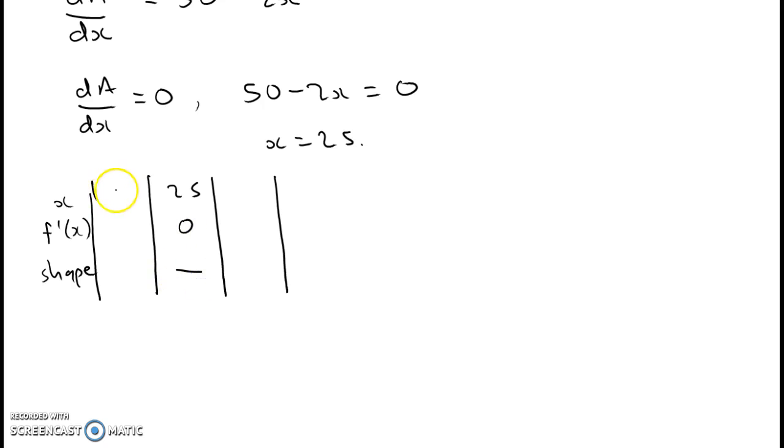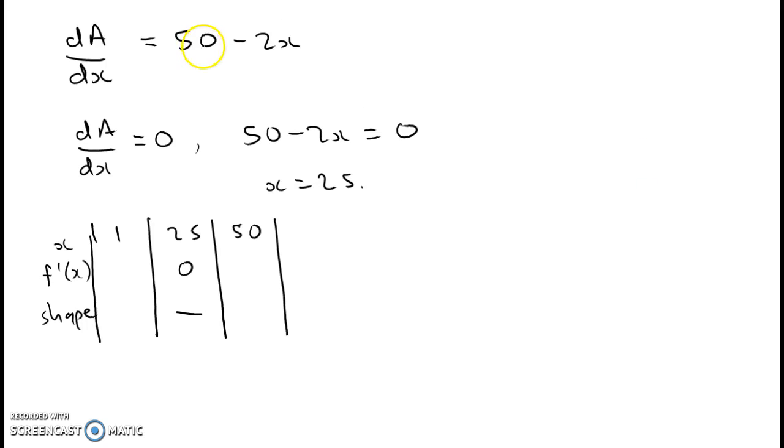Let's choose 1, and let's choose 50 for our derivative. So if we sub in 1 into our derivative, we'll get 50 minus 2, which is 48. So that's positive. If we sub in 50 into our derivative, we'll get 50 minus 100, which is negative. So it's going to have a decreasing gradient there.